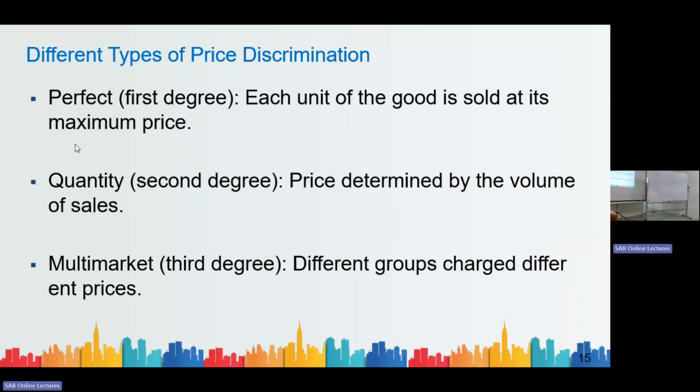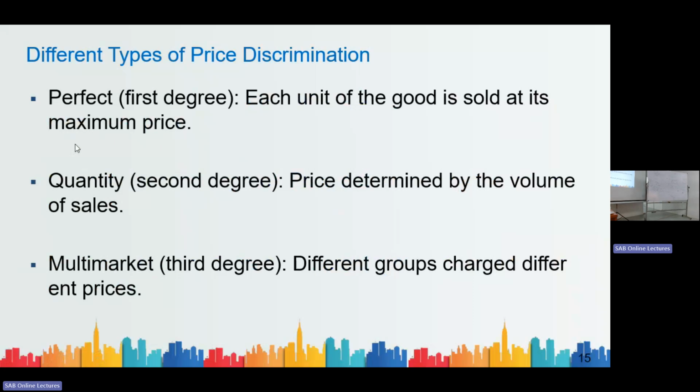There are three types of price discrimination. One is perfect price discrimination. This is rare in the real context. Here, the firm tries to charge the maximum willingness to pay from each customer.